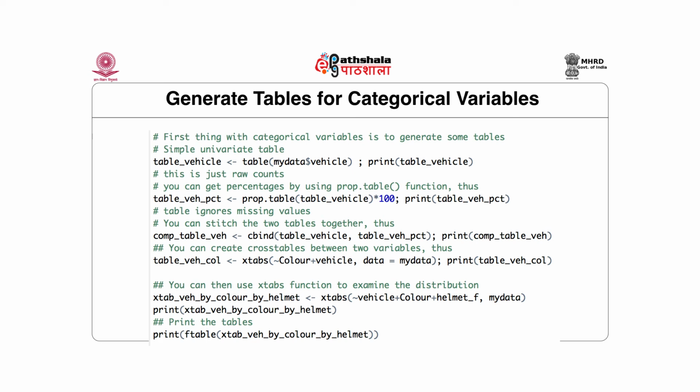Which means when you convert it into a table, you are actually converting that into a matrix. And that matrix is an argument that you pass into the prop.table function, so that it will now create its own proportional representations of each of these categories. So prop.table of the table object, then you multiply that by 100 and you get the percentages of each of these individual categories of that matrix or the table.